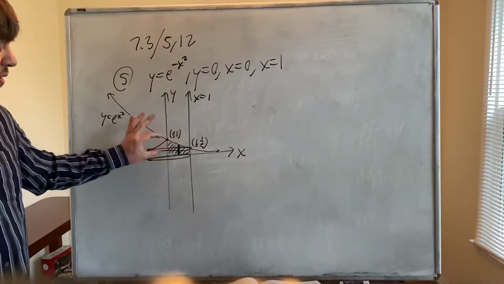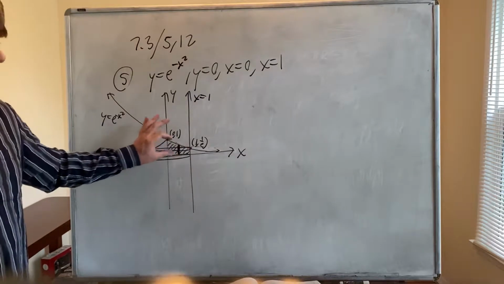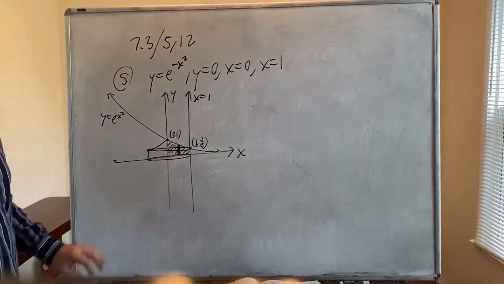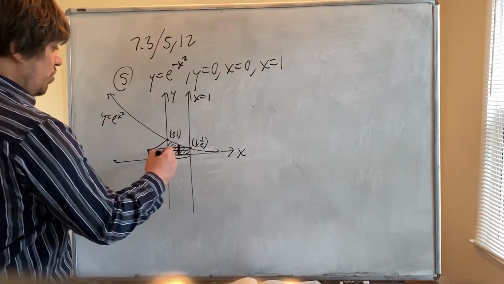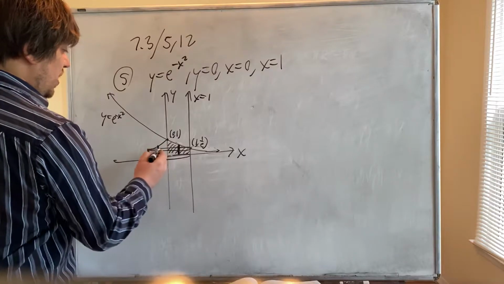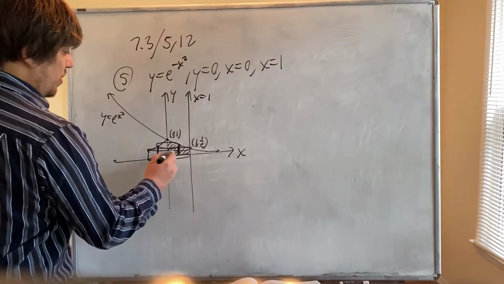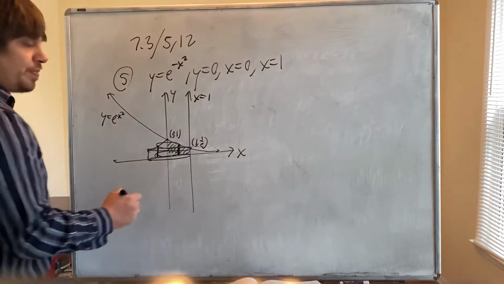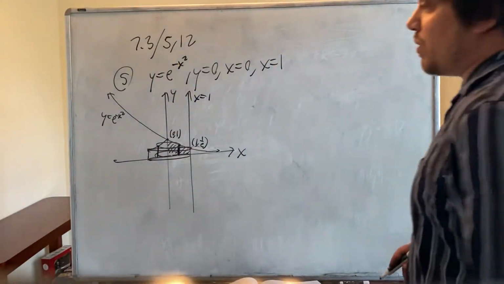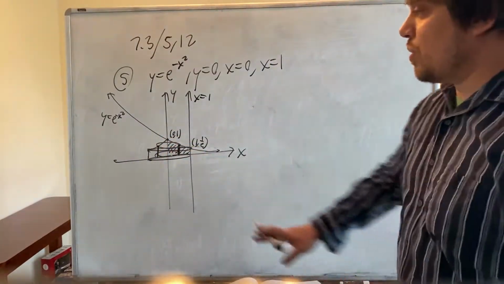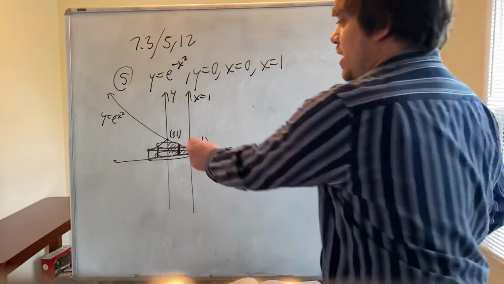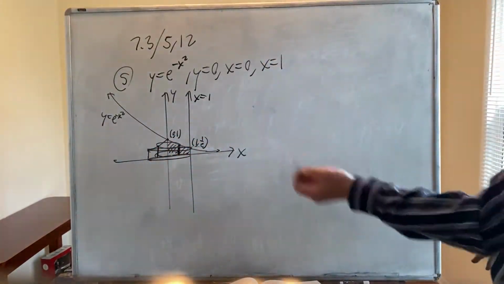Just think of these vertical lines covering that whole space. For each vertical line, we can rotate that about the y-axis, and when you rotate that vertical line about the y-axis, you'll get a cylindrical shell with some infinitesimal thickness, delta x. So if you take each very thin vertical line segment that covers the entire shaded region, you take each of them and rotate each of them separately about the y-axis.